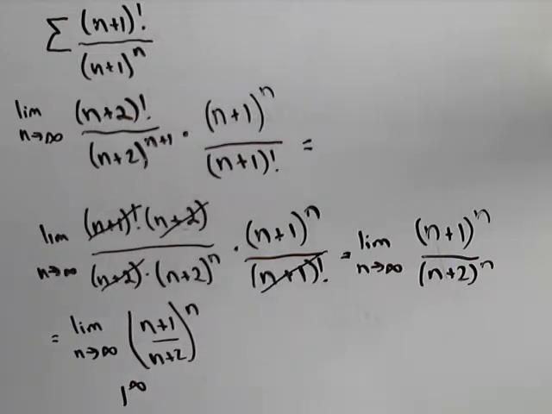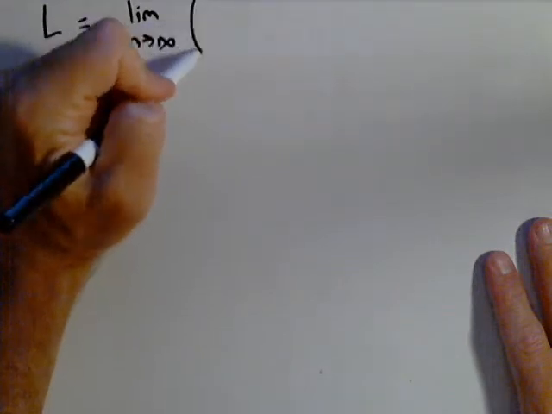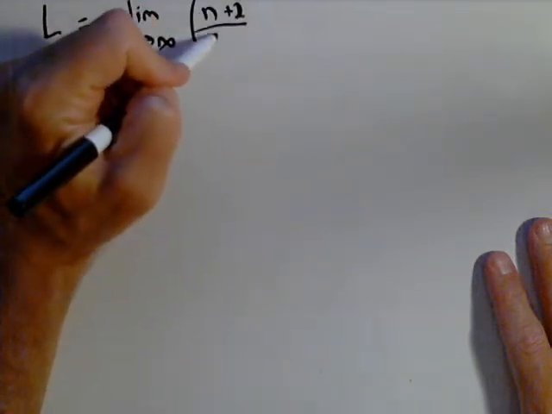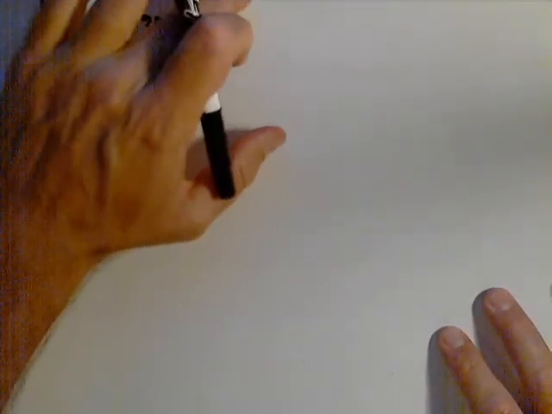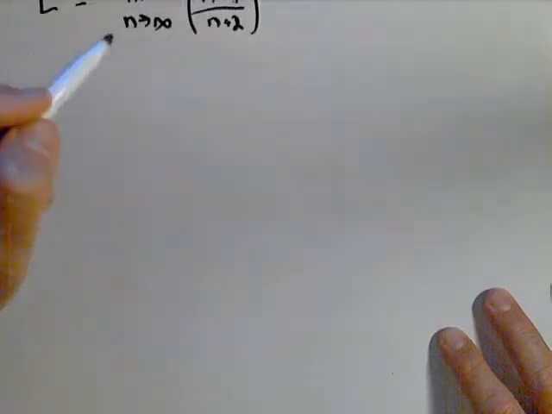So I'm going to do the limit and then we'll come back to this and see what we have. We're looking for the limit L, which is the limit as n goes to infinity of n plus 1 over n plus 2 to the n.